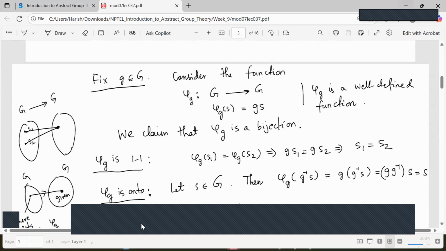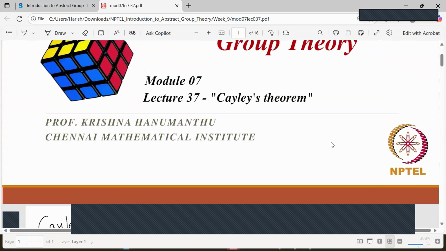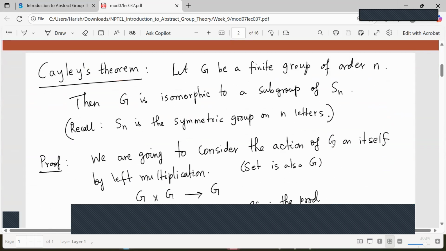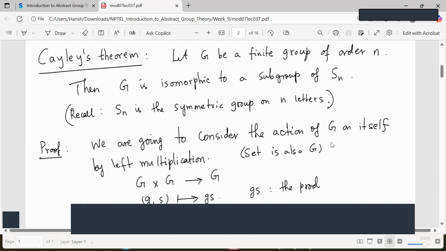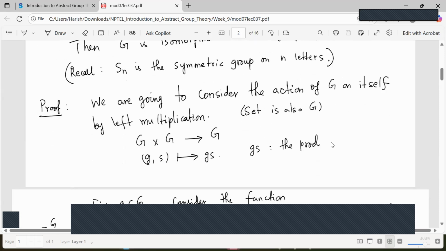So what Cayley's theorem says is that every finite group can be embedded inside a symmetric group on n symbols, where n is the same as the order of the group. To embed it inside Sn, we need to define a certain action.